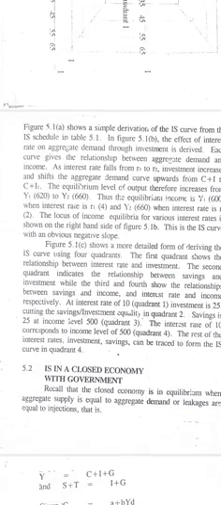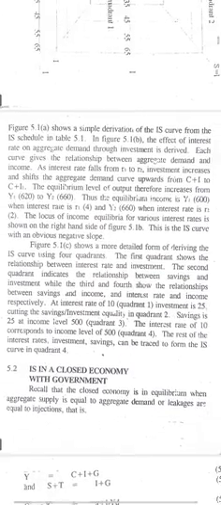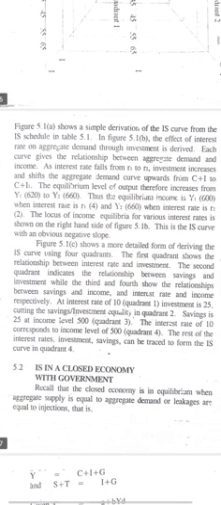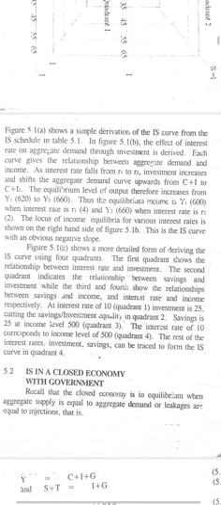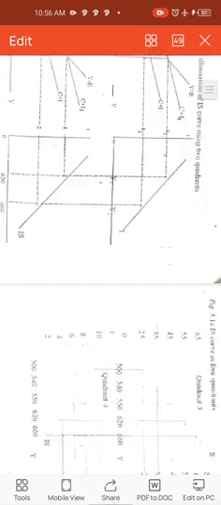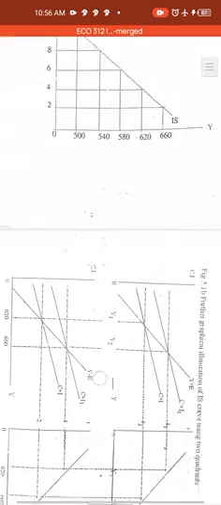Now, what it means in effect is that the equilibrium income is Y1, that's 600, when the interest rate is R1, and Y2, that's 620, when the interest rate is R2. Well, that's called the equilibrium income.